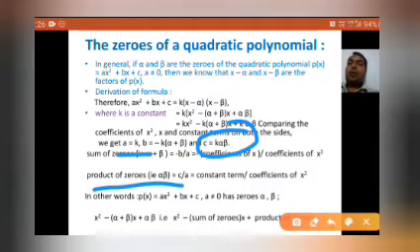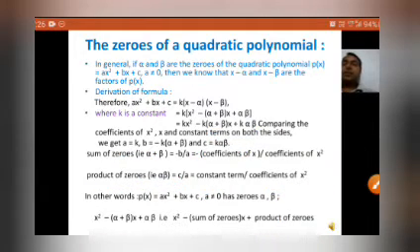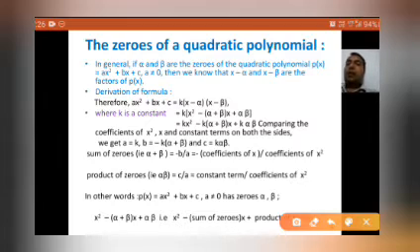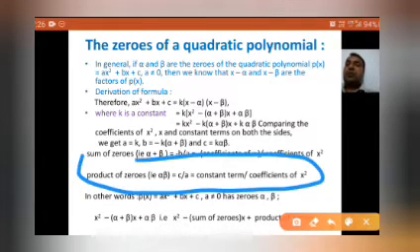So the product of zeros is c by a, where c is the constant and a is the coefficient of x square. That is the relation: the product of zeros is equal to c by a, which is equal to the constant term divided by the coefficient of x square.